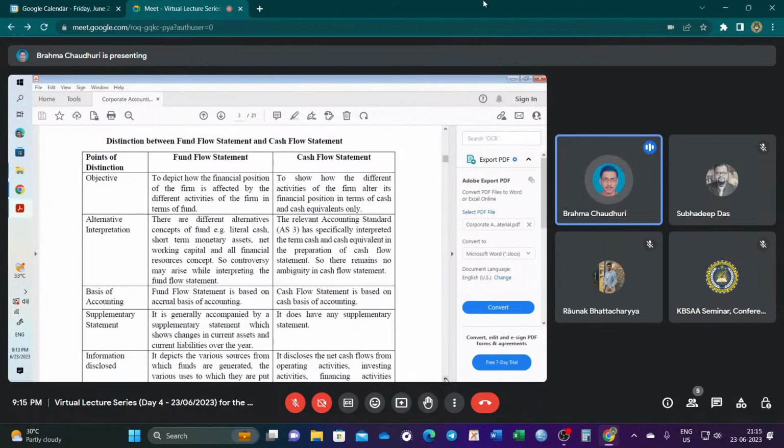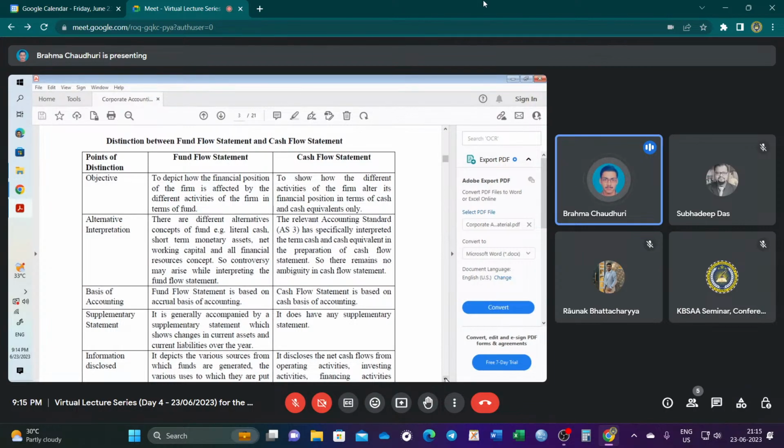The fund flow statement depicts how the financial position of the firm is affected by the different activities of the firm in terms of fund. And the cash flow statement shows how the different activities of the firm alter its financial position in terms of cash and cash equivalents only.